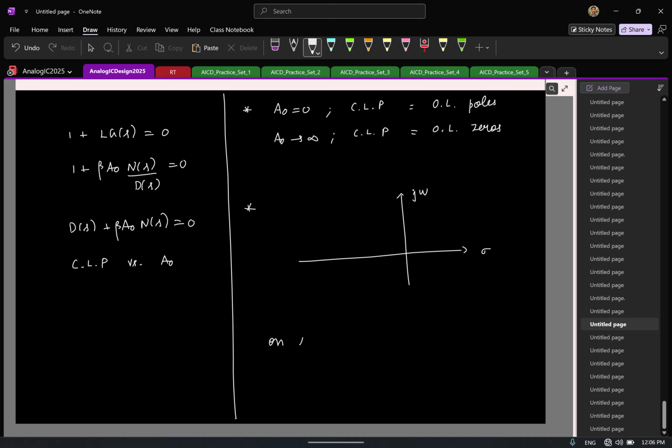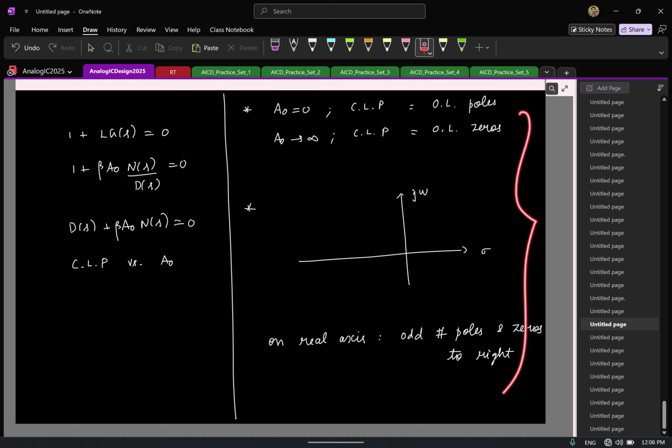On the real axis, if there should be closed loop poles, what is the condition? Anyone remembers? It turns out there should be an odd number of poles and zeros to the right. It is pretty trivial to derive. I'm just skipping for the sake of time. Because it turns out the phase has to be minus 180, you can actually easily derive it. So we'll use only these two ideas and qualitatively sketch root locus and try to derive some understanding on stability. That's the whole focus.